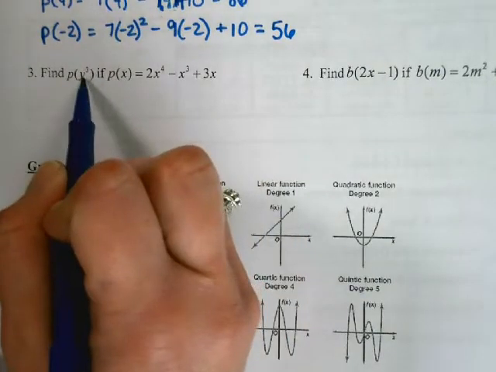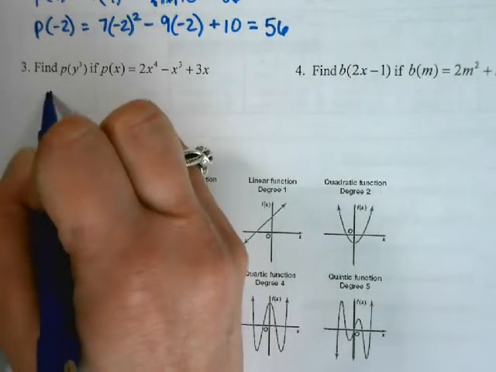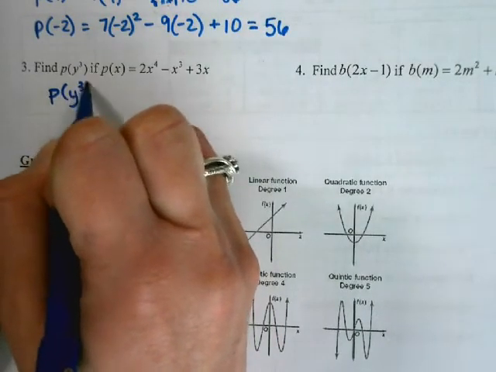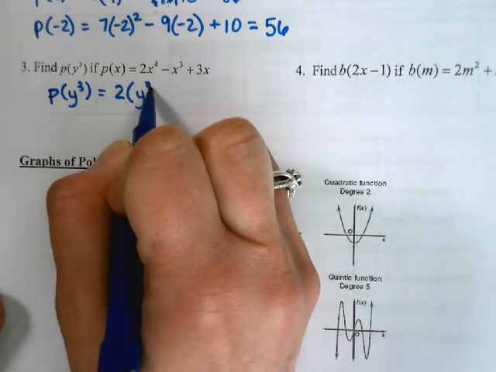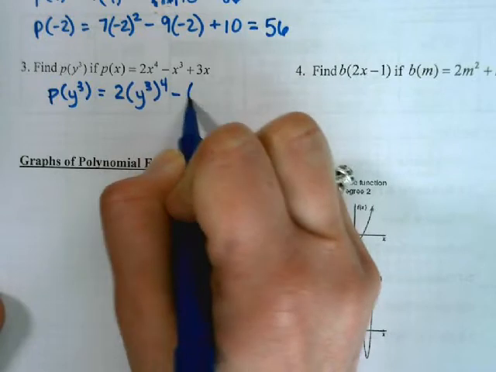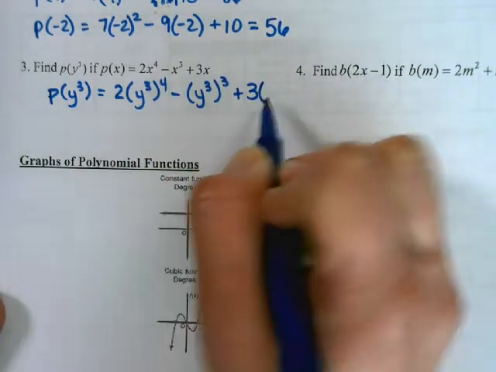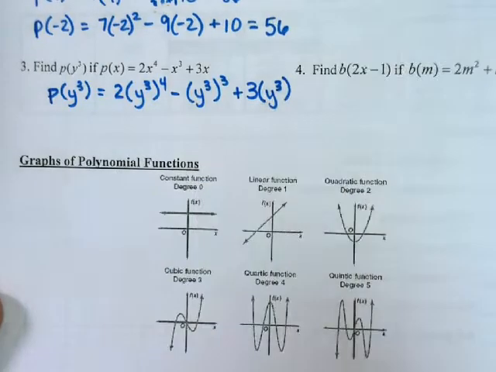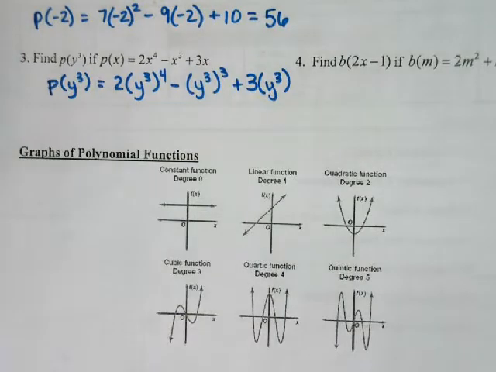Everywhere there's an x, I'm going to replace it with y cubed. So p of y cubed. I have 2 times y cubed to the 4th minus y cubed to the 3rd plus 3 times y cubed. Rewind your brains.